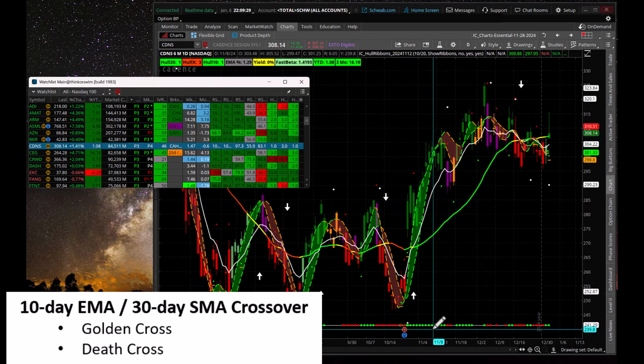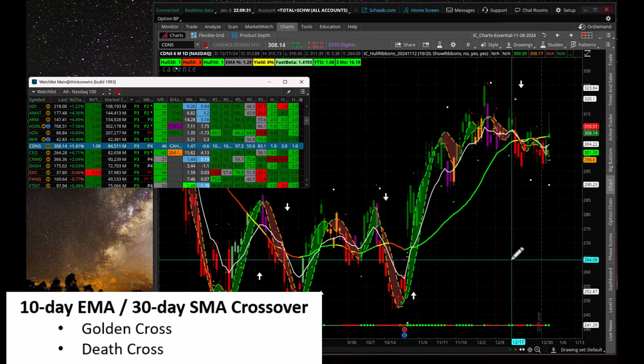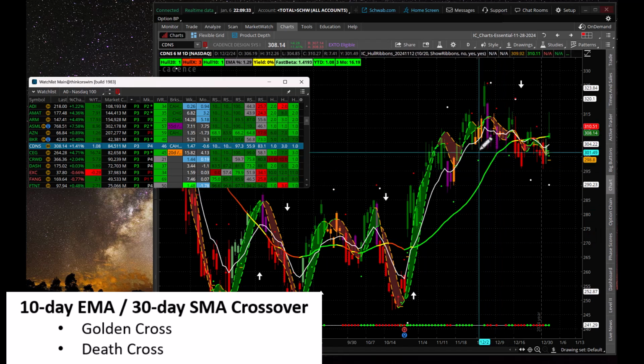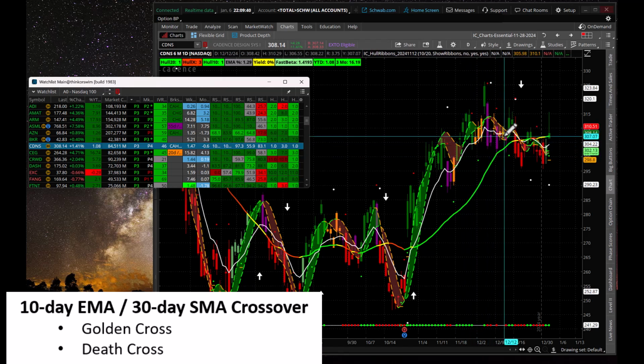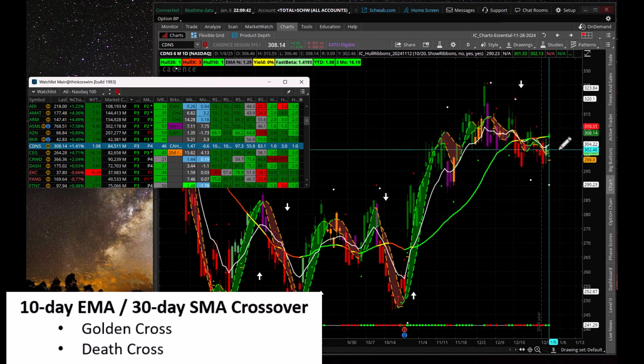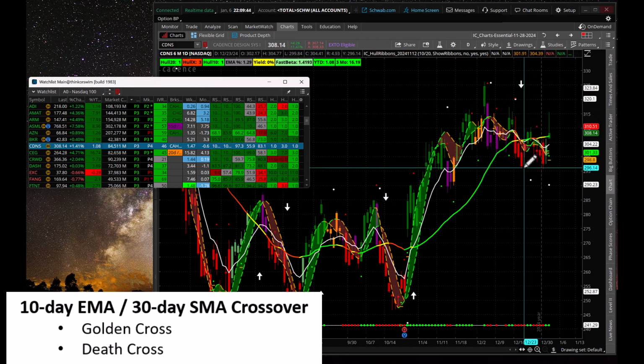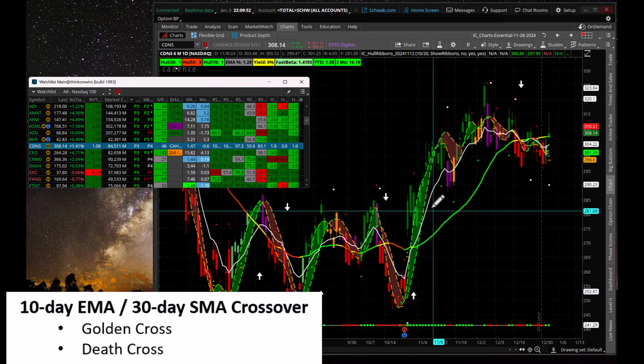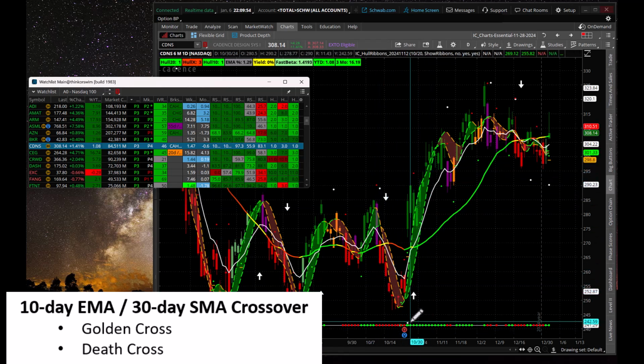I call those 1030 crosses, but they've also got names like a death cross. So if you see this case over here, the white line is the 10-day exponential moving average, and right here it crossed below the 30-day simple moving average. So we've got a white arrow up here, and we had a white arrow on the other side.